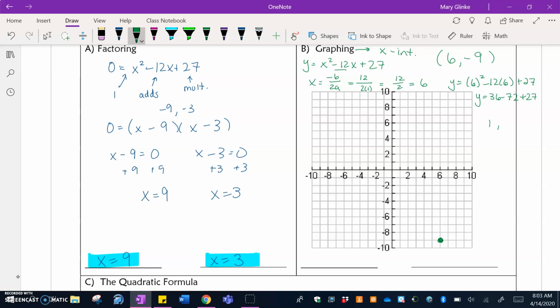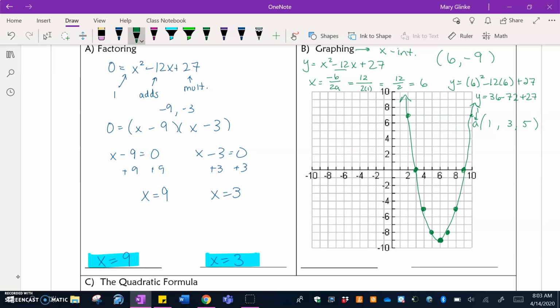We're going to do 1, 3, and 5 times our a value, which in this case is 1. So our graphing pattern is over 1, up 1, then over 1, up 3, then over 1, up 5, and then 7 since we have the space here. So this graph is our parabola.